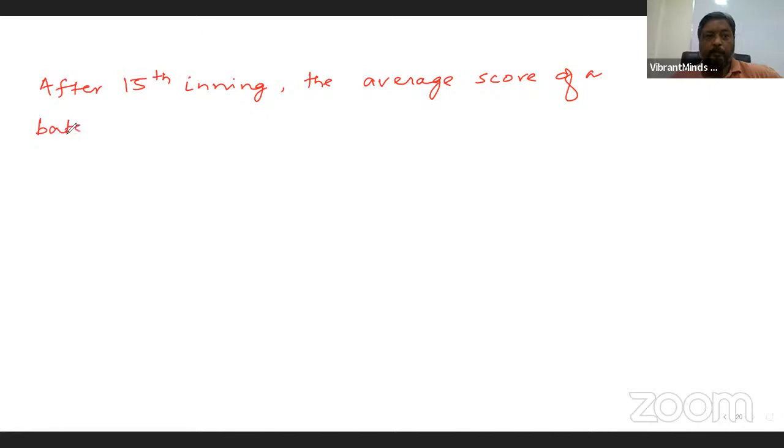After the 15th inning, the average score of a batsman increases by 1.